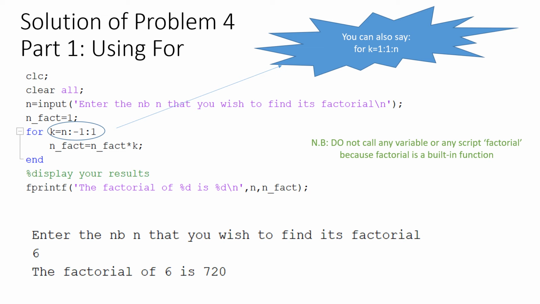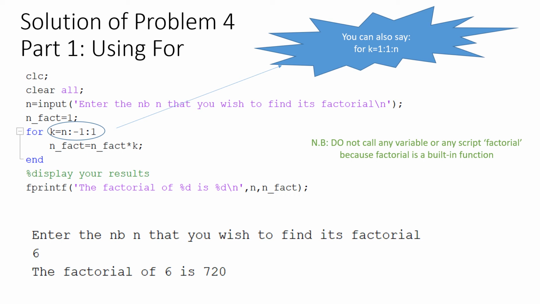Because the factorial is a multiplication. So if I'm defining n fact as 0 and then I'll be using this n fact to multiply with another number, then the answer will be always 0 because this is a multiplication. That's why n fact should be 1.